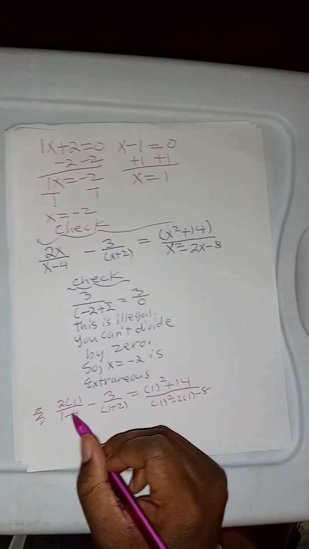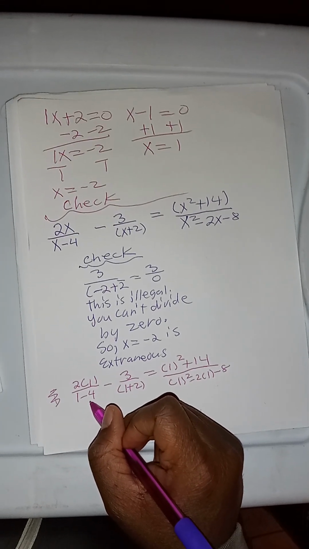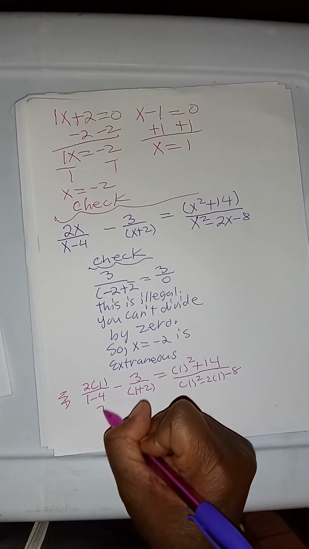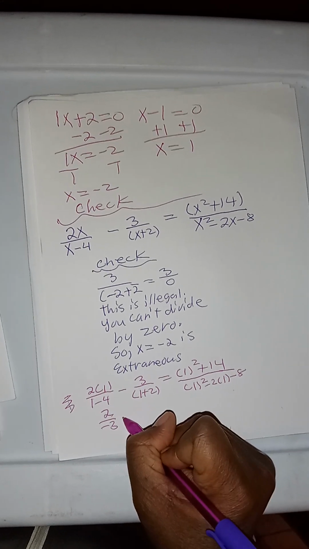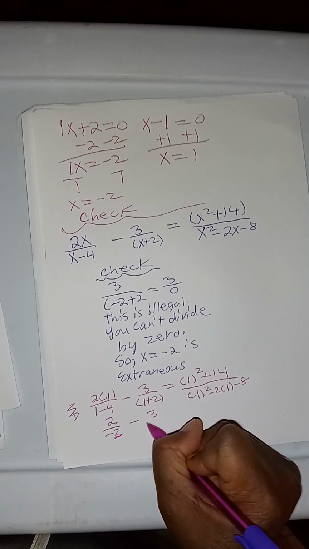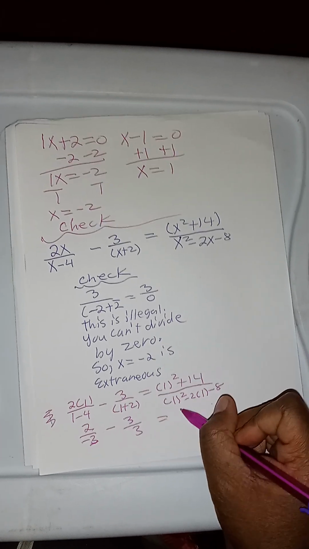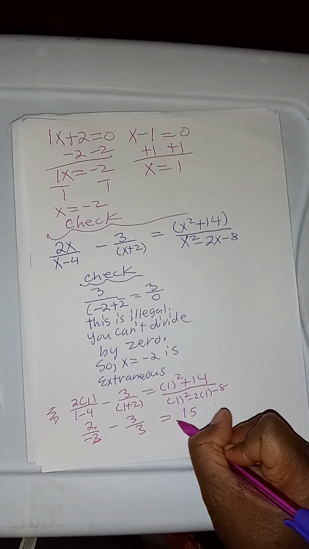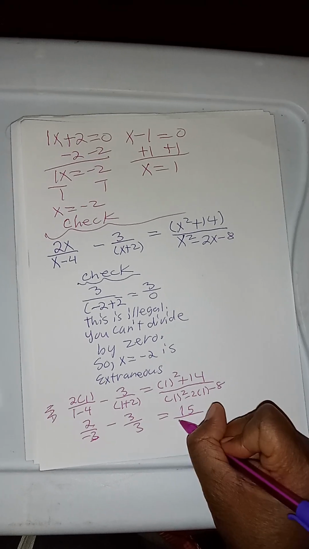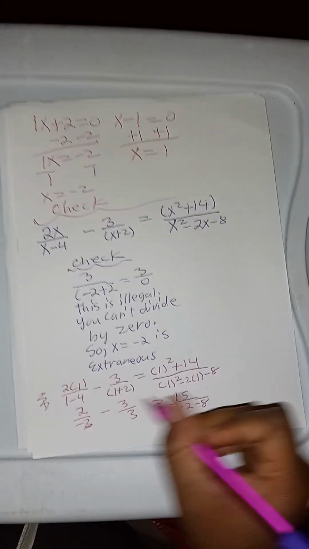Okay, 2 times 1 divided by 1 minus 4 is equal to 2 over -3 minus 3 over 3 is equal to 1 squared is 1 plus 14 is 15 over 1 squared is 1 minus 2 times 1. So 1 minus 2 and then minus 8.